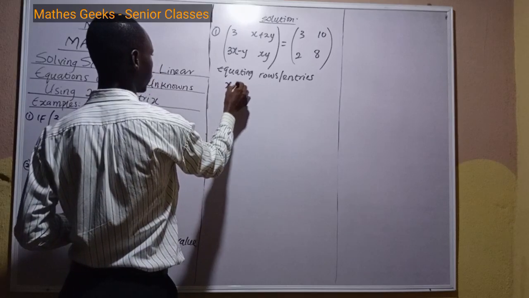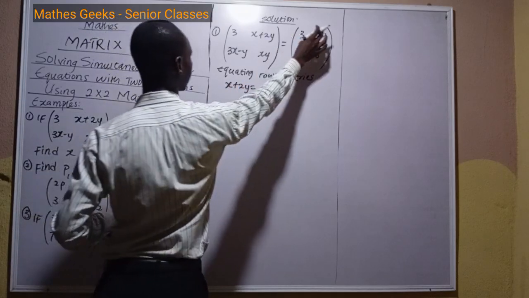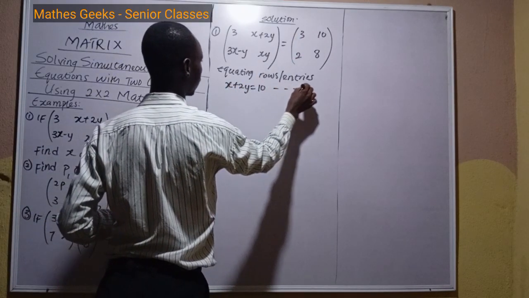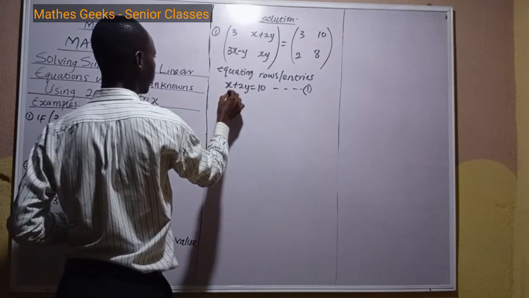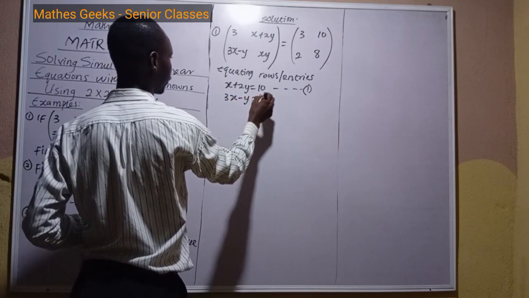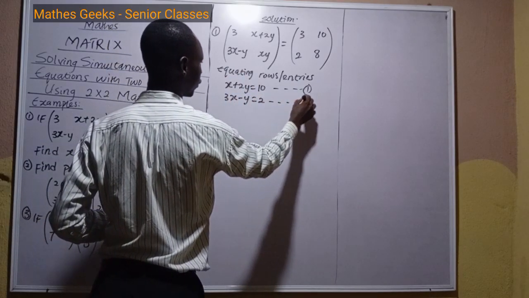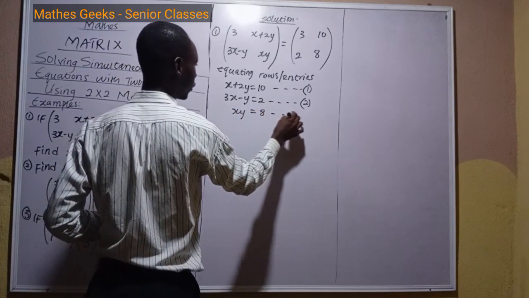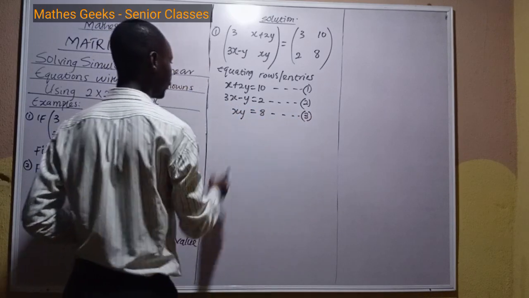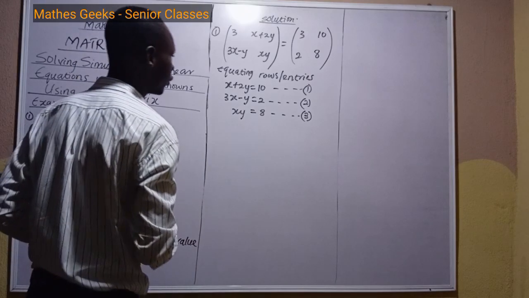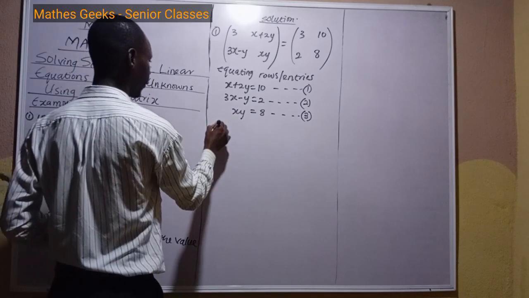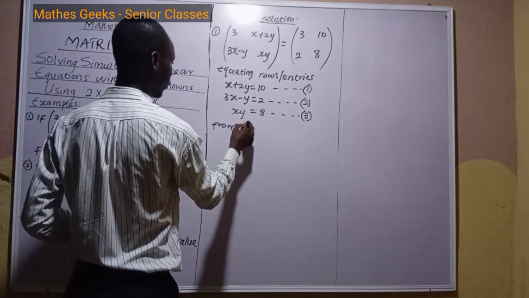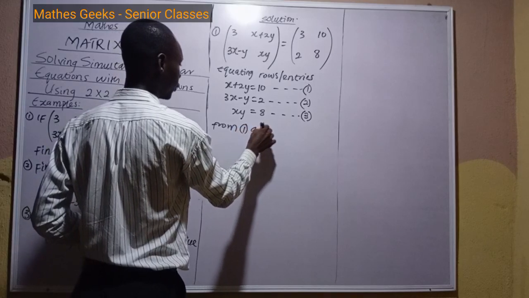So when we equate the other entries: x plus 2y is equal to 10, equation 1. 3x minus y is equal to 2, equation 2. xy is equal to 8, equation 3. So we solve these equations simultaneously from 1 and 2.